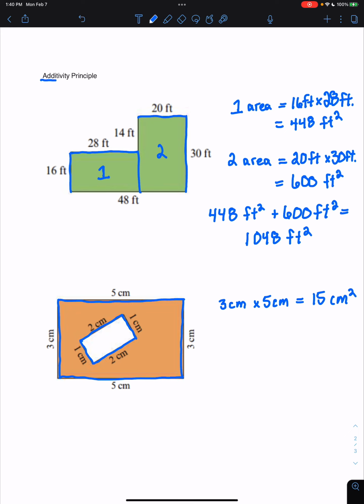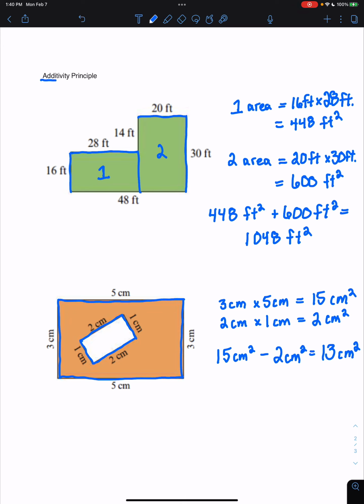And then the interior little rectangle is 2 centimeters times 1 centimeter, and that gives us 2 centimeters squared. Now we're going to subtract the 2 to find the difference, and we find that the orange part is 13 centimeters squared.